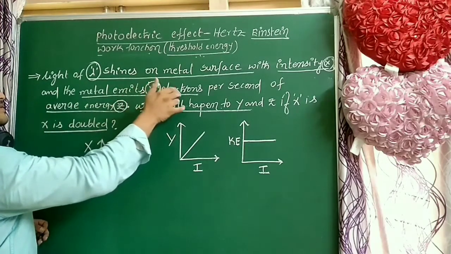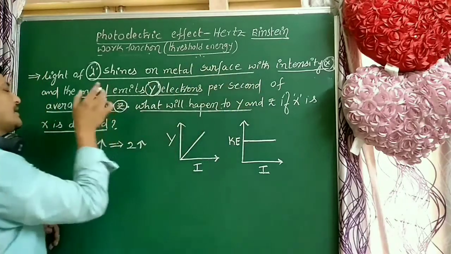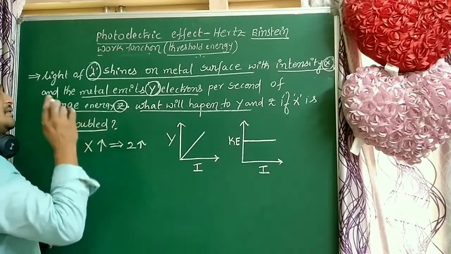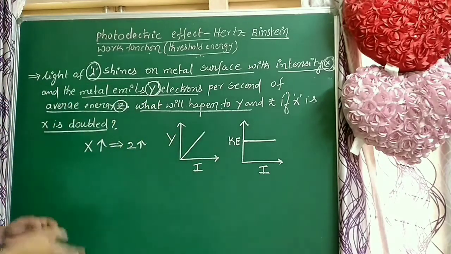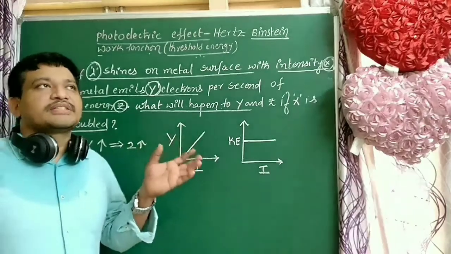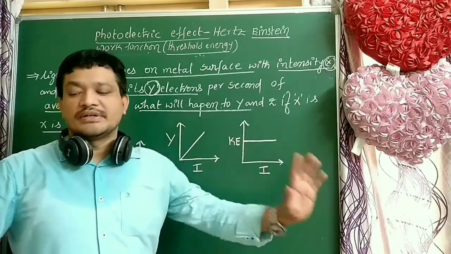Emission of electrons increases with increase in intensity, but kinetic energy is constant. That does not depend on intensity. Kinetic energy only depends on frequency. This model is very important. Intensity increased by 2 times, number of photoelectrons increased by 2 times, kinetic energies remain constant.